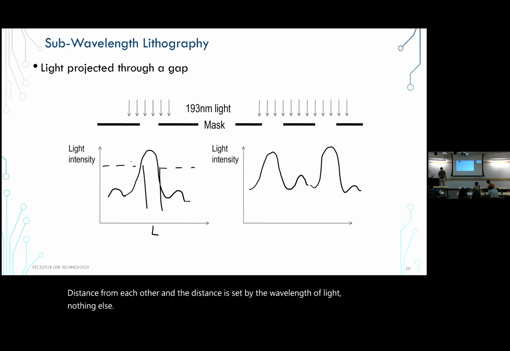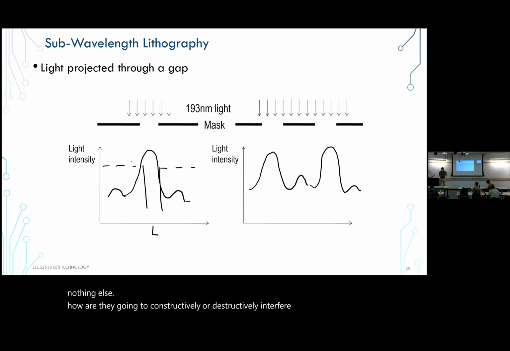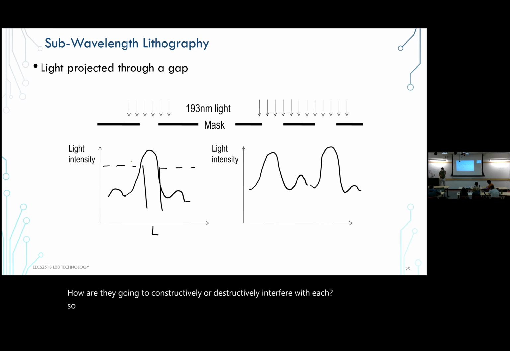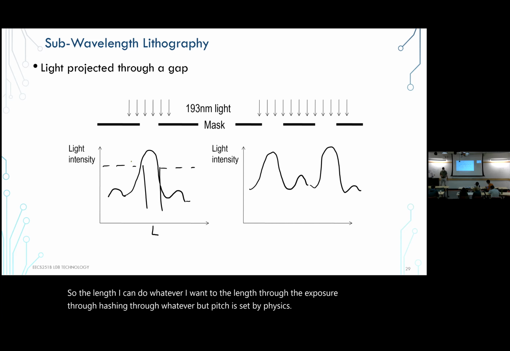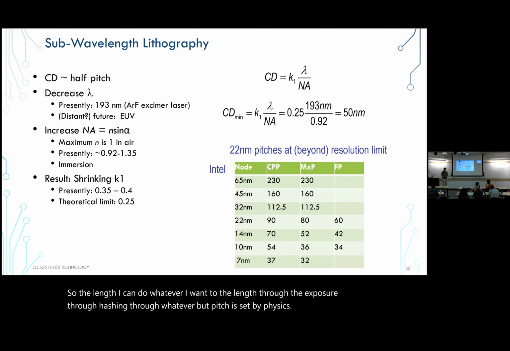How are they going to constructively or destructively interfere with each other? So the length, I can do whatever I want with the length, through the exposure, through ashing, through whatever, but pitch is set by physics. There is no way around that without shrinking the wavelength of light.